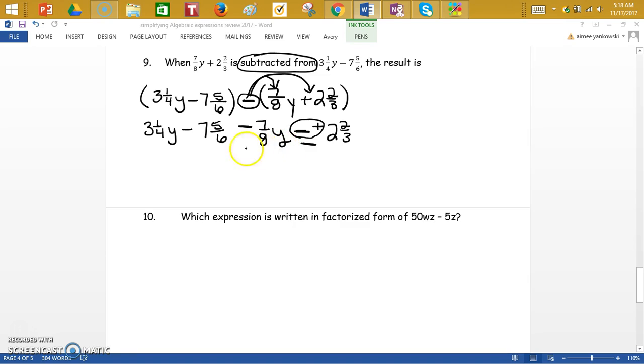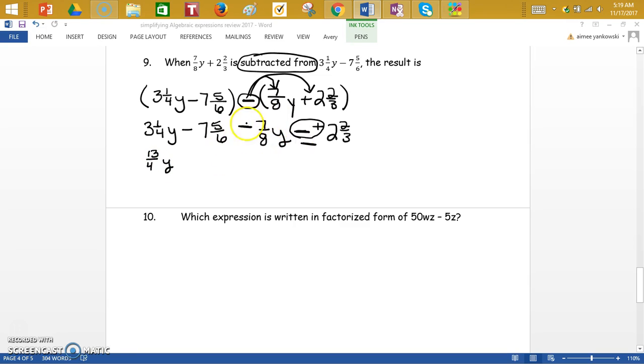Let's combine our y's. To combine our y's, we would need to find a common denominator. I know that Miss Sherman normally has everyone write everything as improper fractions, find a common denominator, and then you just have to focus on simplifying those numerators. So I guess I'll do that. 3 times 4 is 12, and one more is 13/4 y.